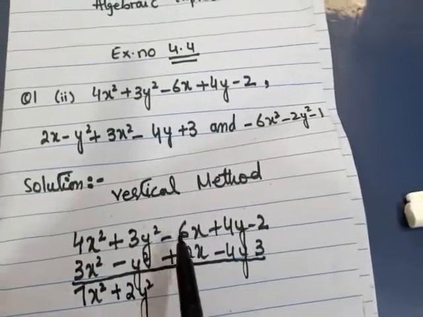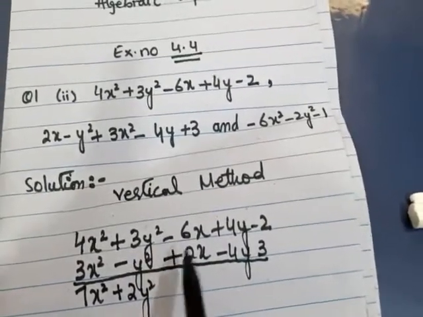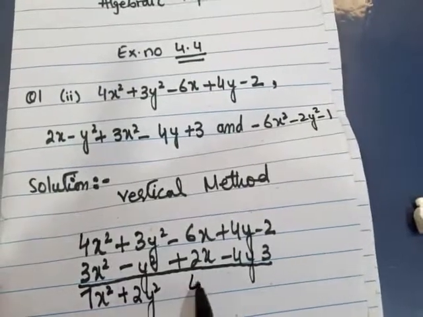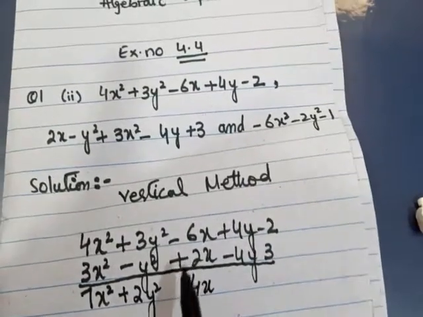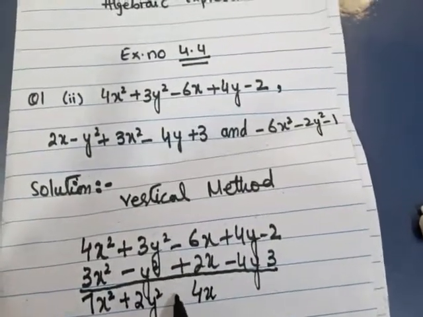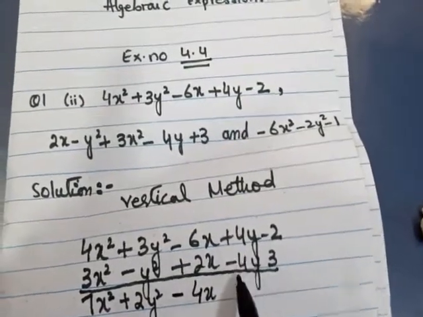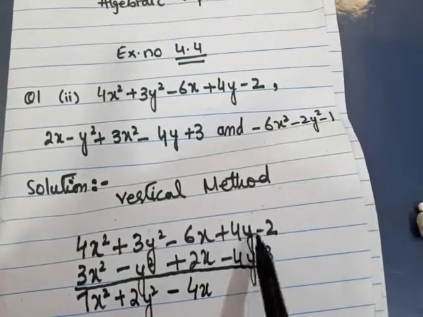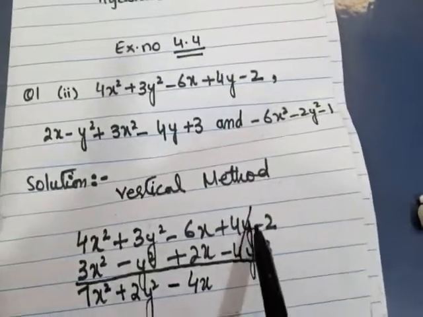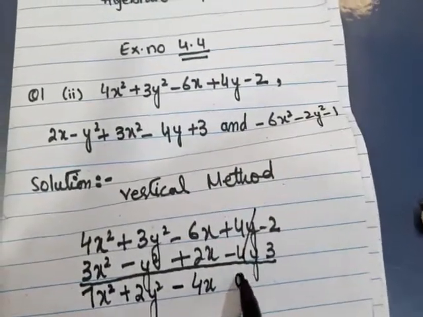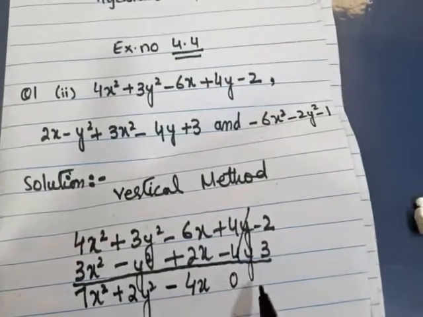Plus minus is again minus, 6 minus 2 is 4x. Again in the answer we go for the greater number's sign, and that is minus. Plus 4y and minus 4y: nothing left. We can cancel them out, or we can write 0 in its place.